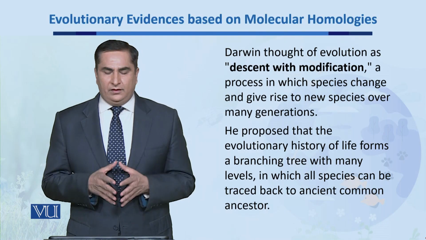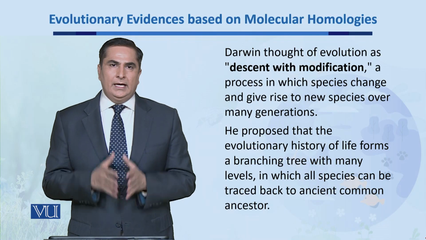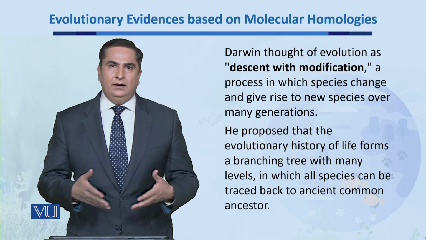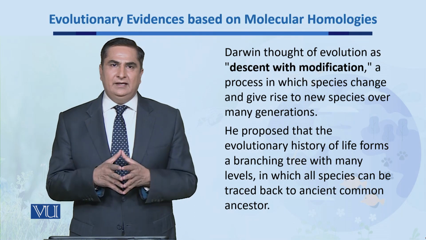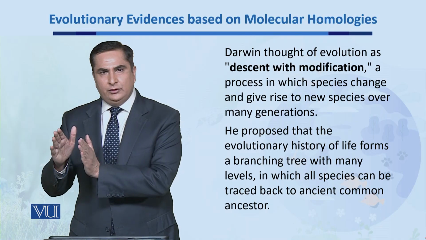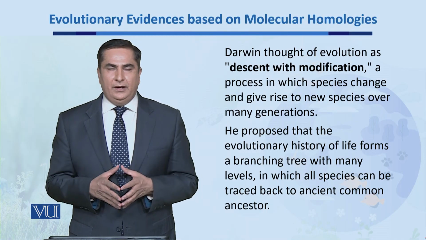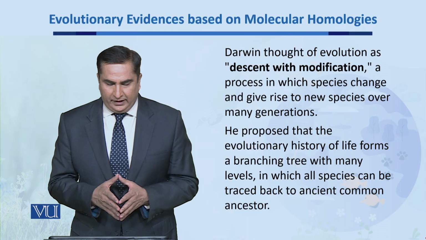Now, Darwin thought of evolution as descent with modification, which means that species evolve, and during the course of evolution they had certain mutations, certain changes, and those changes lead to modification in the organisms. So it's a very famous notion of Darwin's theory, descent with modification.